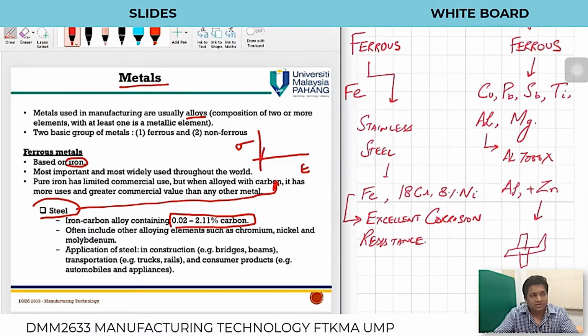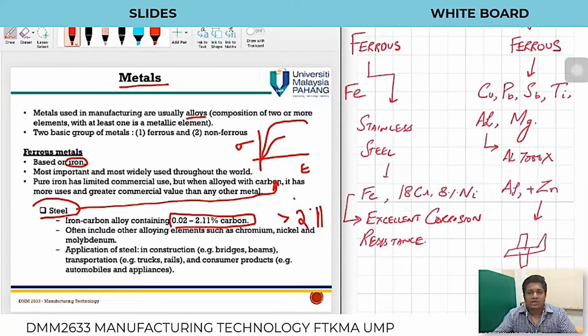Steel has very good properties and a very good strength if the carbon percentage is 0.02 to 2.11%. If the carbon percentage is greater than 2.11%, then the strength of that kind of steel decreases, and that steel is called carbon steel.